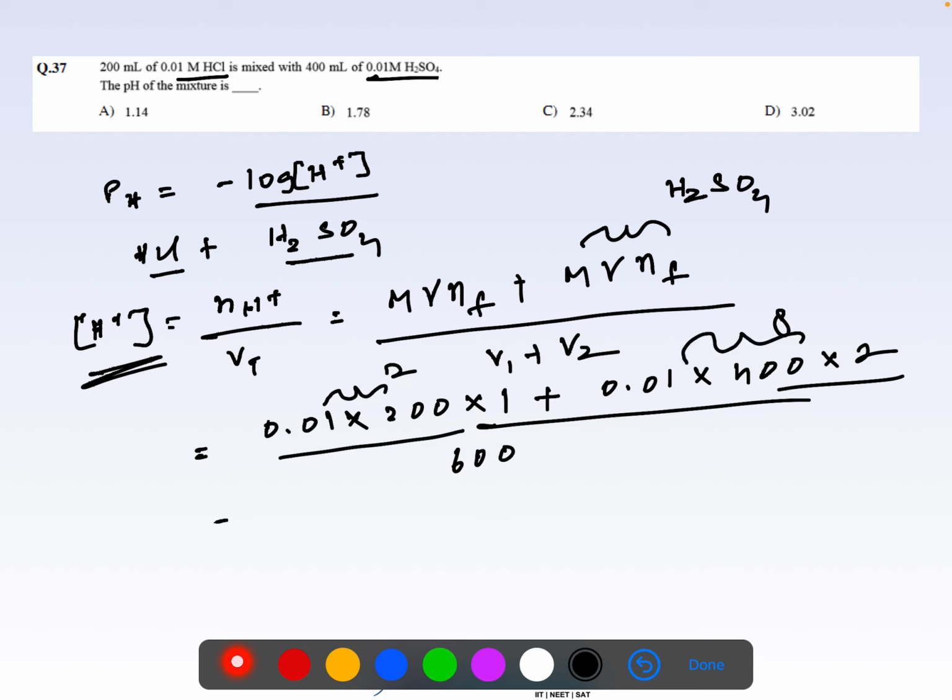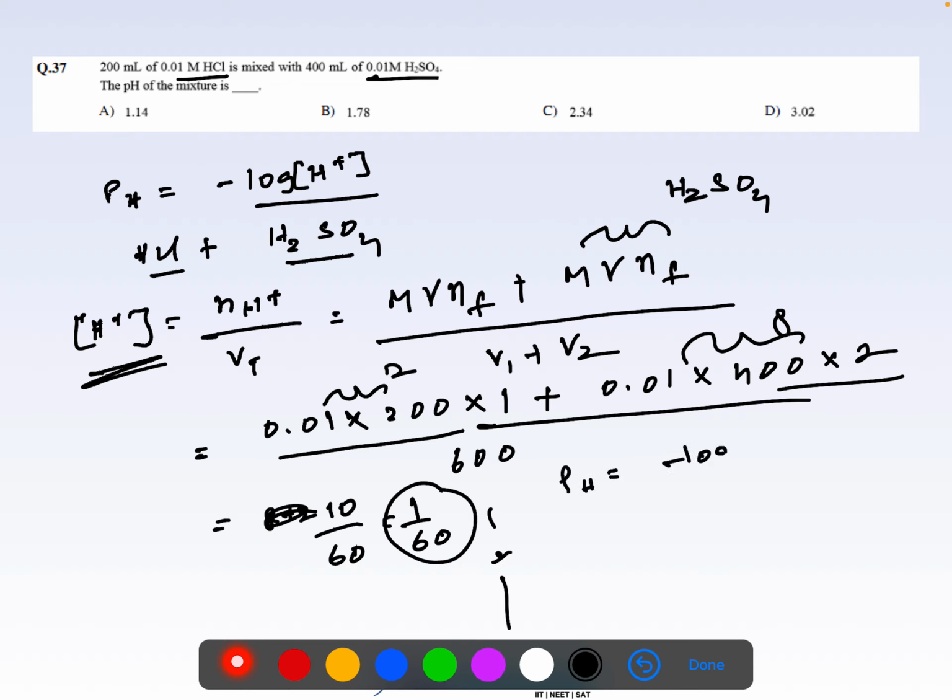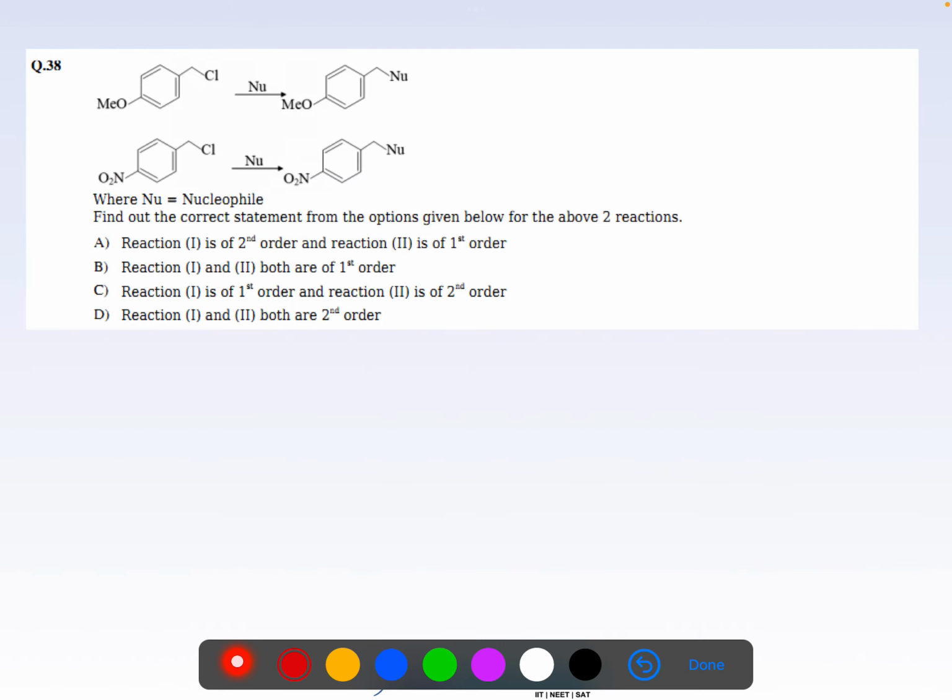So total this is 8 plus 2, that is 10 by 600, that is 1 by 60. So hydrogen ion concentration is 1 by 60. Now pH will be equal to minus log 1 by 60. So if you solve this one, you will be getting pH is equal to 1.78. The answer will be option B.